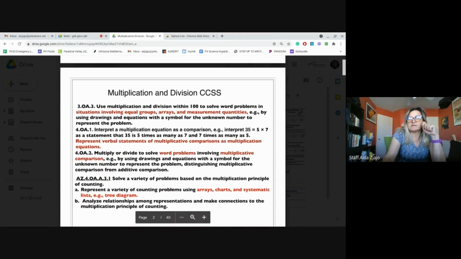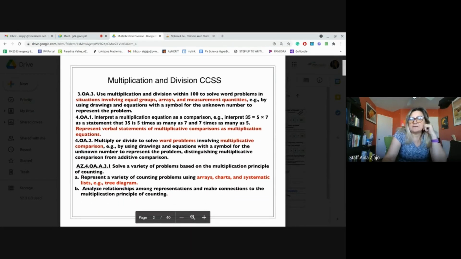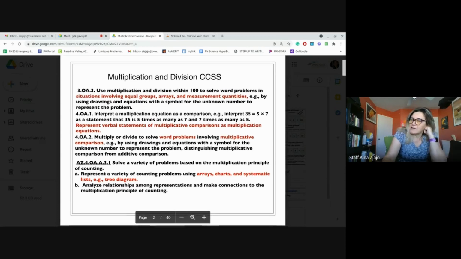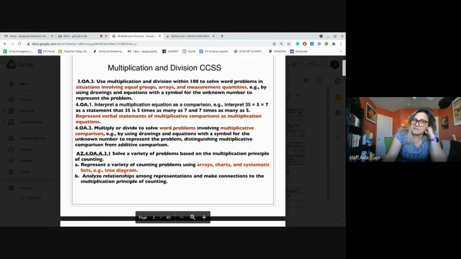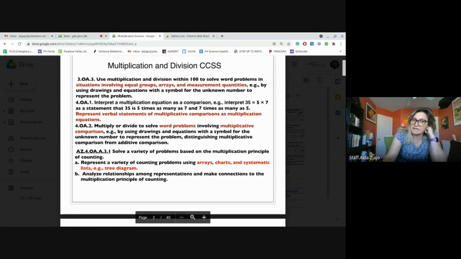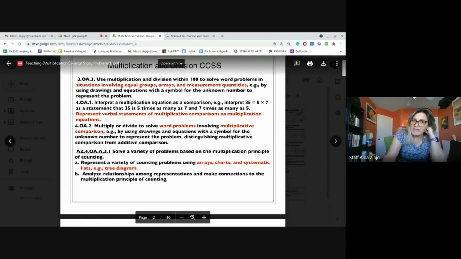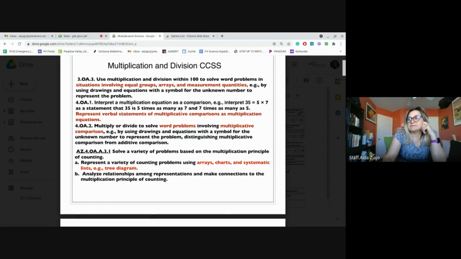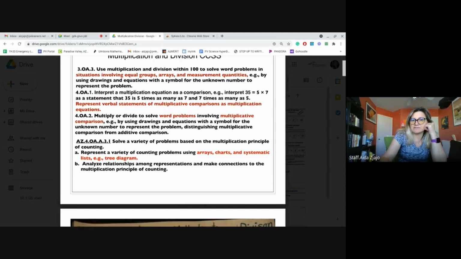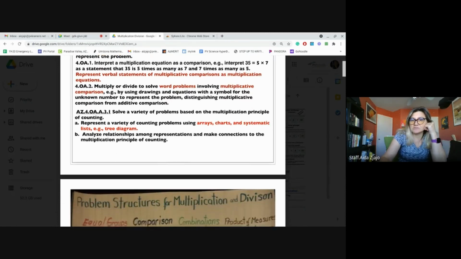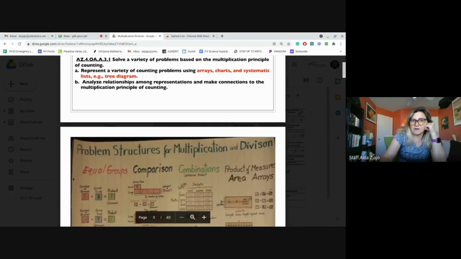There are standards covering multiplication and division in the Common Core State Standards, and they start with the third grade. Every teacher should know different kinds of multiplication and division structures, starting with equal groups or measurement quantities or comparison, and so on.